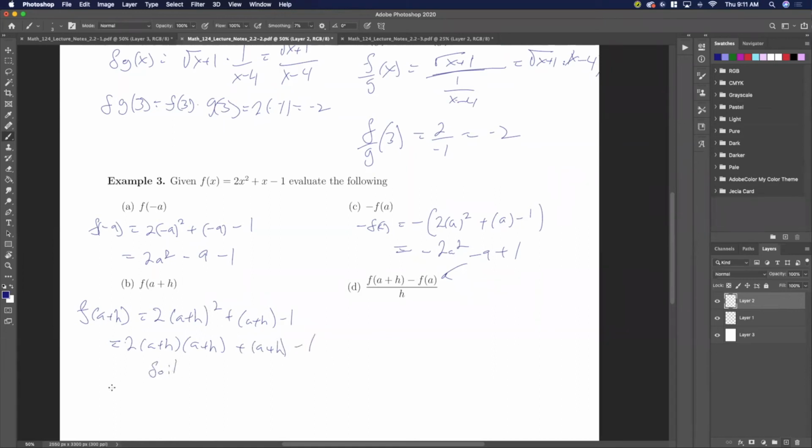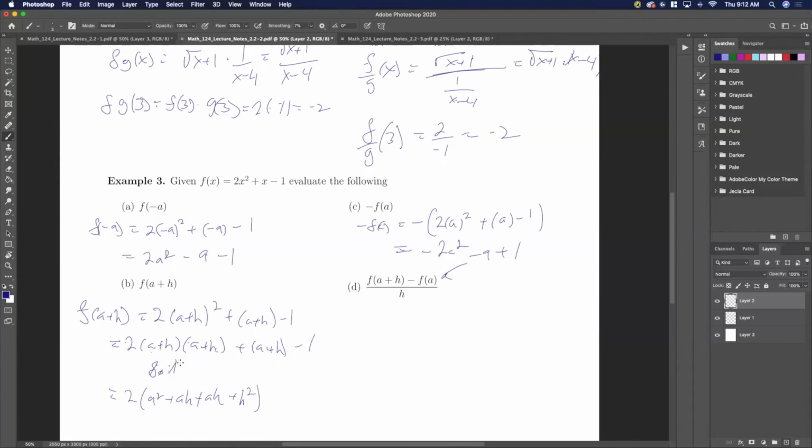So let's FOIL. Here I'll have 2 times a squared plus ah plus another ah plus h times h, which gives us h squared. First would be a times a, outside would be a times h, and the other one would be h times a, which is the same as a times h.